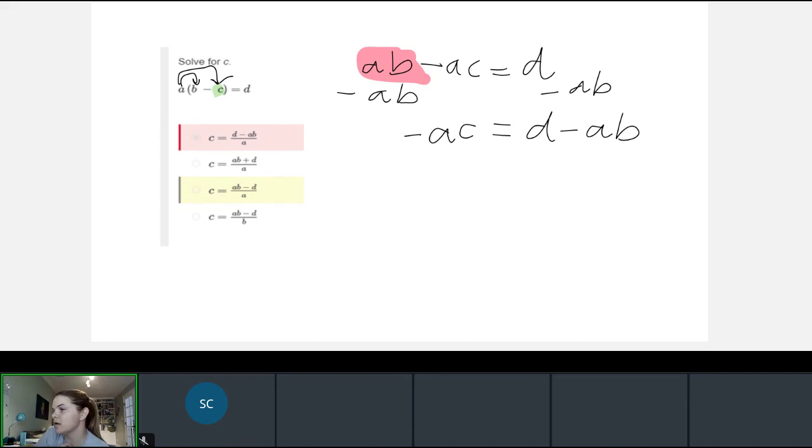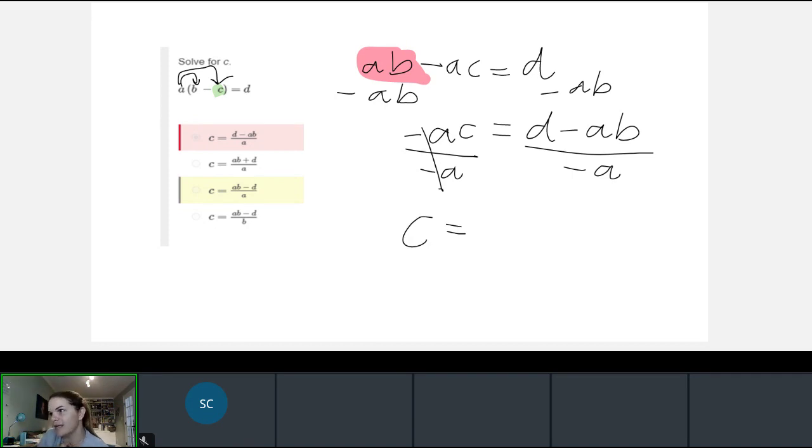So again, we want C. So this is negative A times C. So we're going to divide everything by negative A. So we get positive C equals.